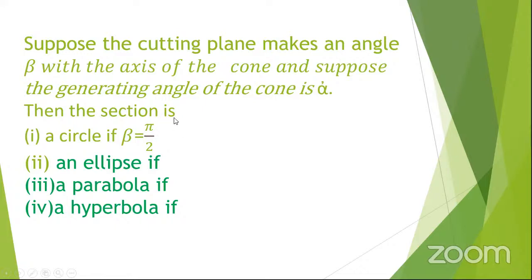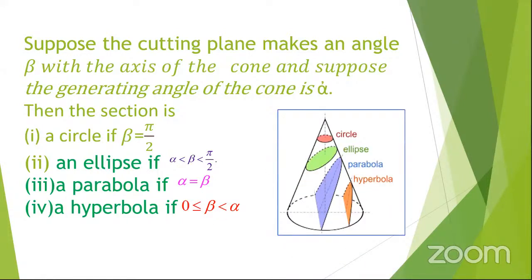Then the section is a circle if beta is equal to pi by 2, an ellipse if alpha less than beta less than pi by 2, a parabola if alpha is equal to beta, and a hyperbola if 0 less than or equal to beta less than alpha.